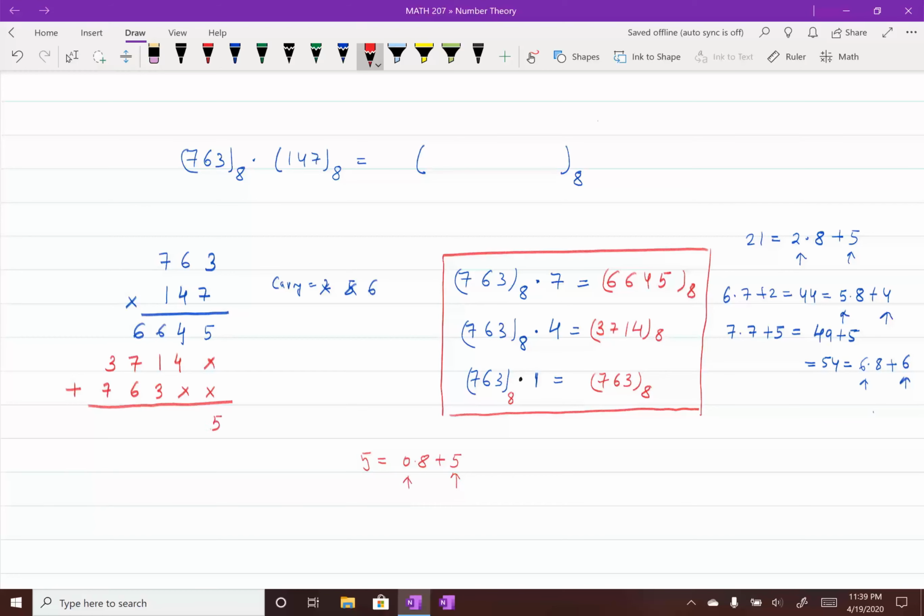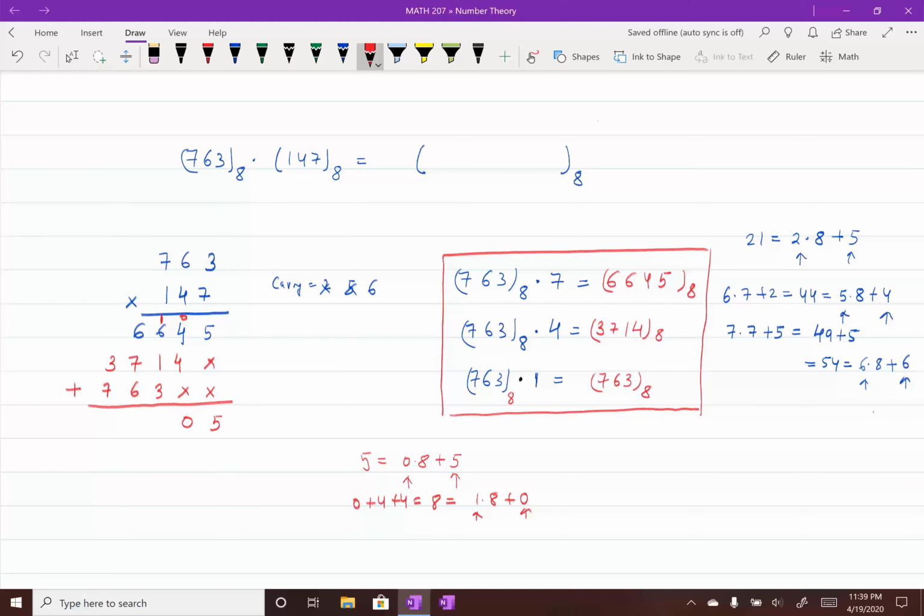So in this case I will put a 5 here, and my carry is going to be 0 here. Next I'm adding 0 plus 4 plus 4, which is going to be equal to 8. 8 you can write as 1 times 8 plus 0. So the remainder is 0 and the quotient is 1. So my carry will become a 1 in this next step.